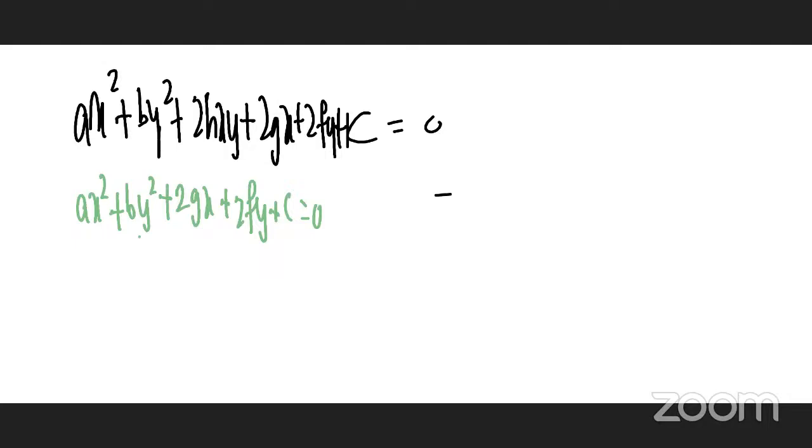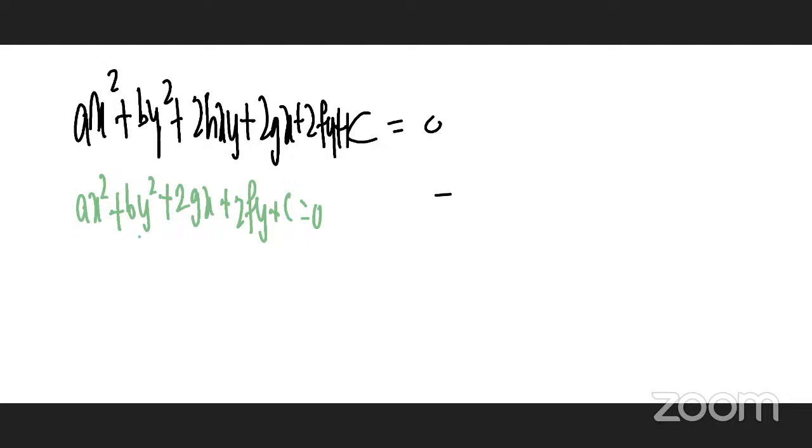That means we are considering this equation where the xy term is not there, but this is there. In this equation, I have to delete the first order terms x and y.